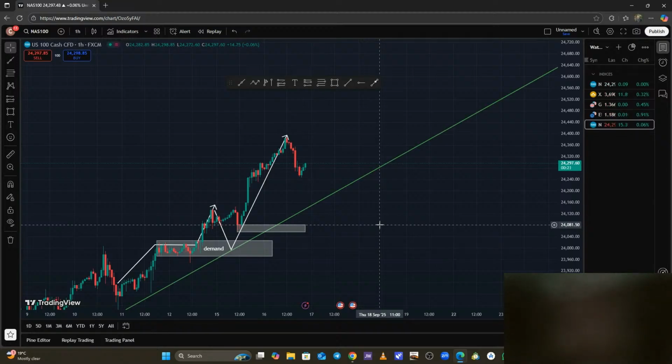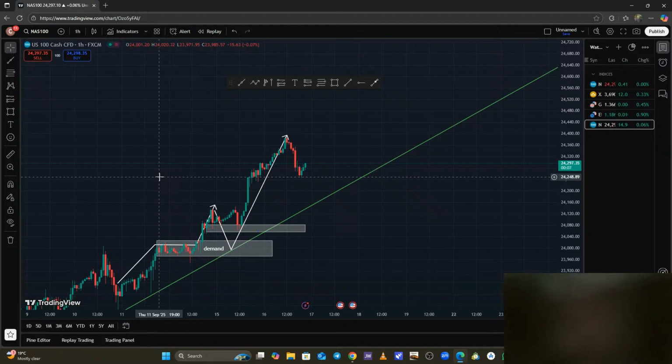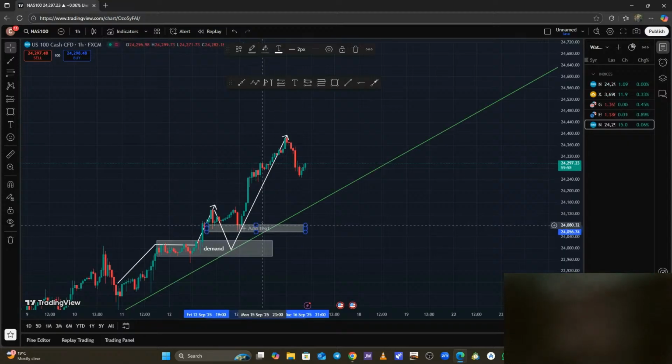You see here there are a lot of weak rejections at this specific level. From my trading, how I notice it, anytime you see a lot of wicks at a specific level, there is also supply and demand at that specific zone. So this one here was also a demand zone.